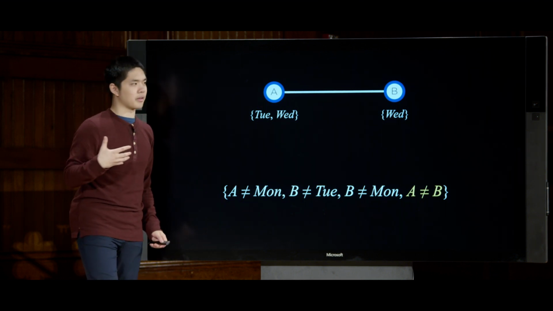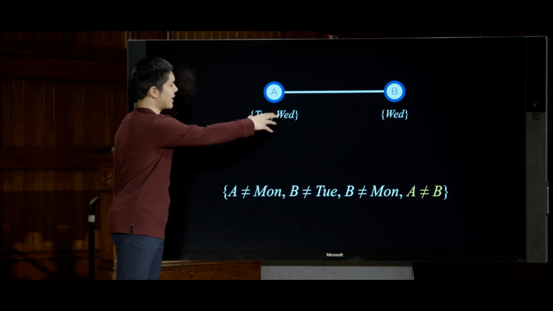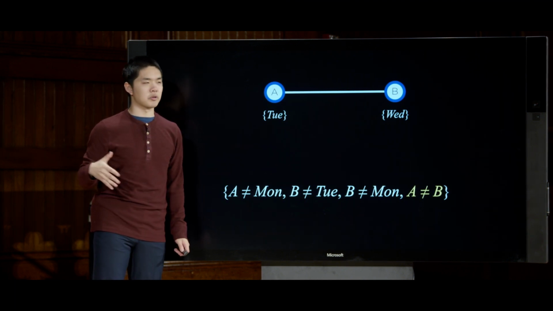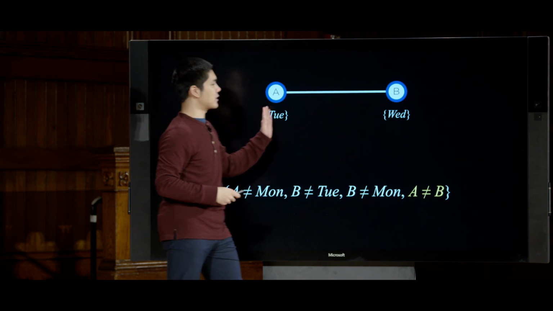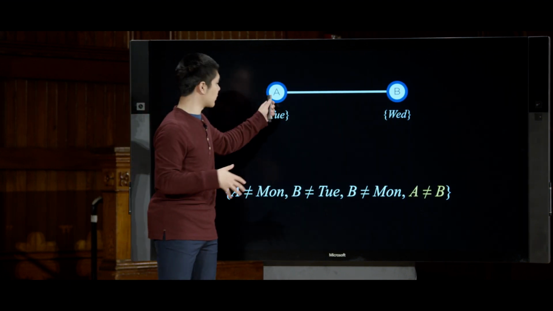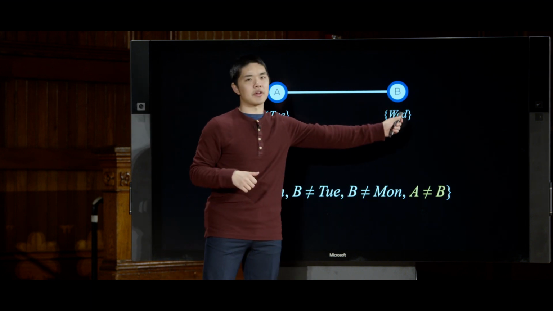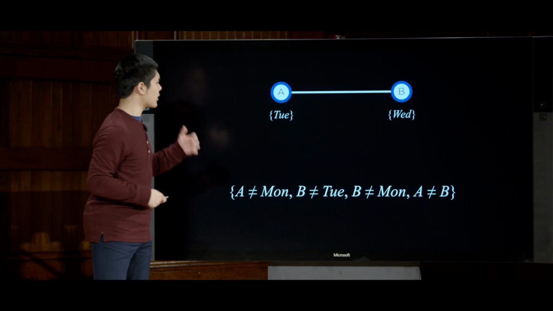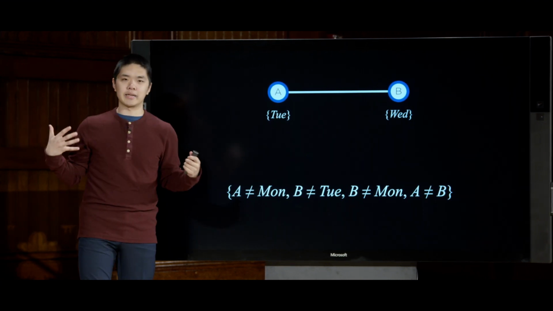To make it arc consistent, I would need to take Wednesday and remove it from A's domain, because Wednesday was not going to be a possible choice for A, since it wasn't consistent with this binary constraint for B. There was no way I could choose Wednesday for A and still have an available solution by choosing something for B as well. So here now I've been able to enforce arc consistency.